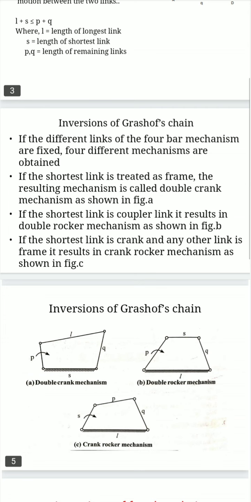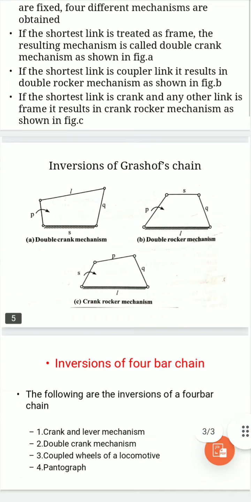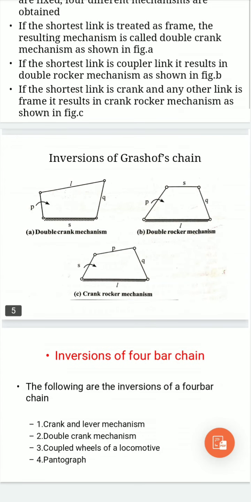So by fixing different links, you can design a four-bar mechanism as a double crank mechanism, a double rocker mechanism, or a crank and rocker mechanism. This is the importance of inversions of the Grashof chain.